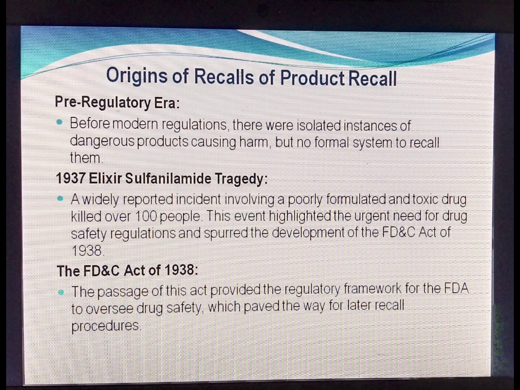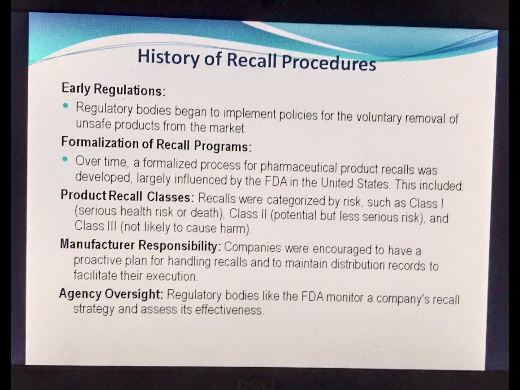The FD&C Act of 1938: the passage of this act provided the regulatory framework for the FDA to oversee drug safety, which paved the way for later recall procedures. History of recall procedure.